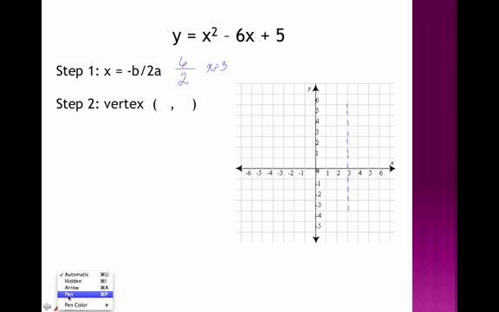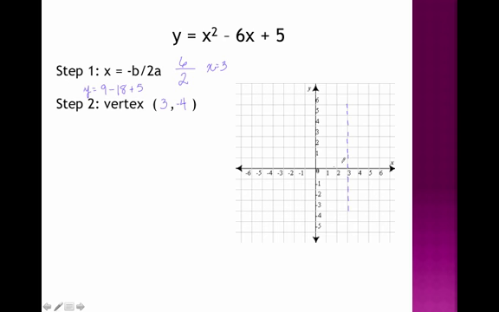Next, I'm going to find my vertex, and I know that I take my 3 and plug it in. So I've got y equals 3 squared, or 9, minus 18 plus 5. So my vertex is at the x value of 3 and the y value of negative 4.